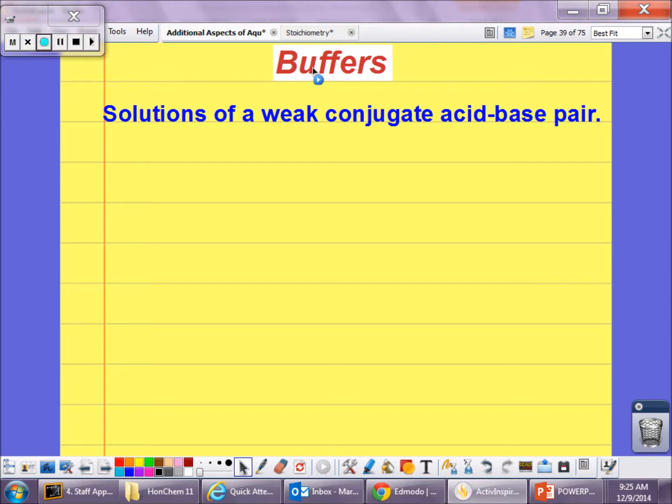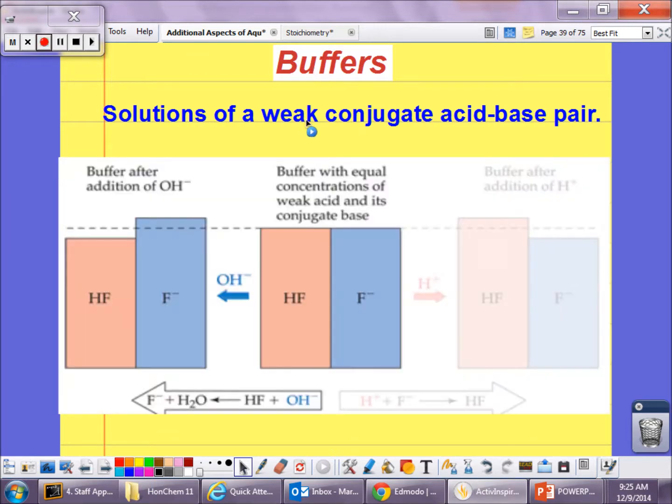Remember that the conjugate will almost always be a salt. I just showed you that NaF will dissociate into Na plus and F minus. That F minus was the conjugate base of HF. So you can say they are solutions of a weak acid or a weak base and its conjugate, or its salt, because that conjugate will be a salt.